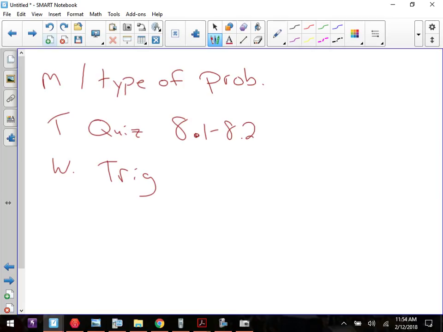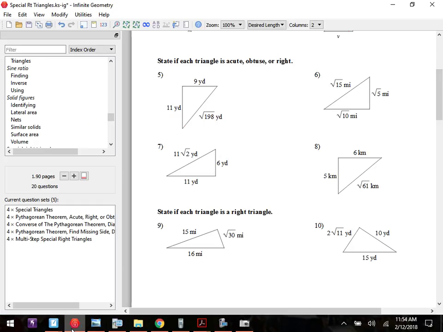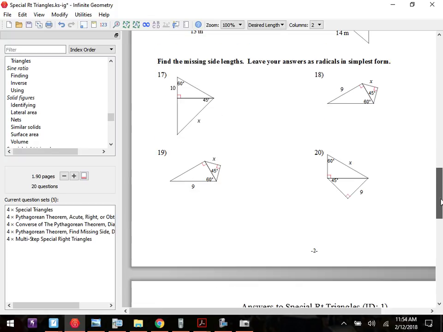Well, let me show you the thing I was talking about then. The one style problem that we have yet to look at looks like this.